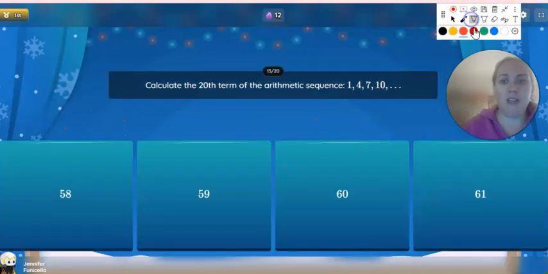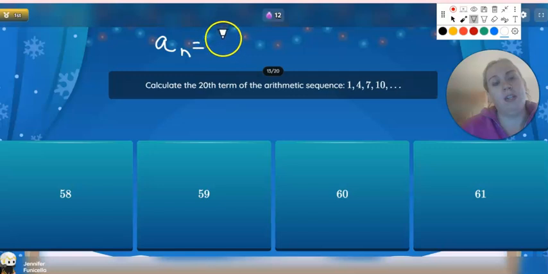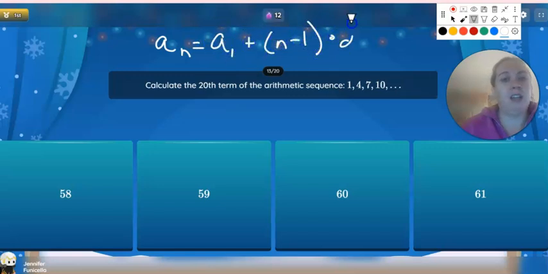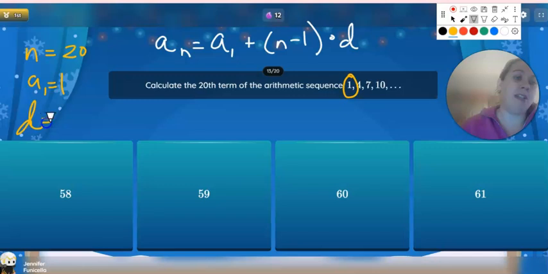Calculate the 20th term here. Okay, so here's our equation. If we're calculating the 20th term, that means our n is 20. Our first term is a1. And our common difference, 1, 4, 7, 10, is going up by 3.